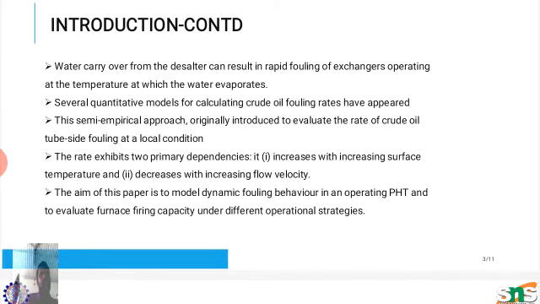The aim of this paper, the case study, is to model dynamic fouling behavior in the operating PHT and to evaluate which would result in a greater benefit through retrofit actions, and also to explore possible changes in the network structure. Commercial computer programs from IHS, SmartPM and Express Plus, were used for this case study.